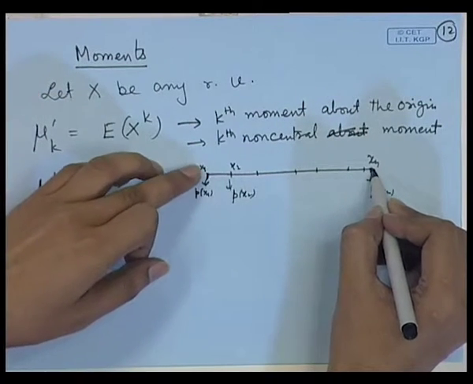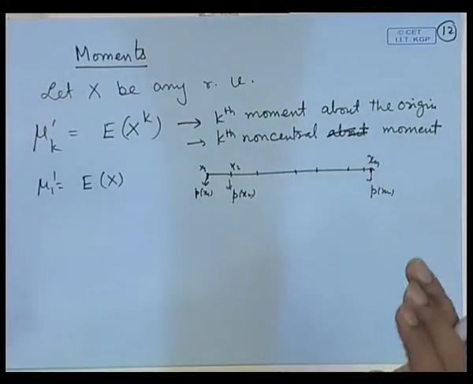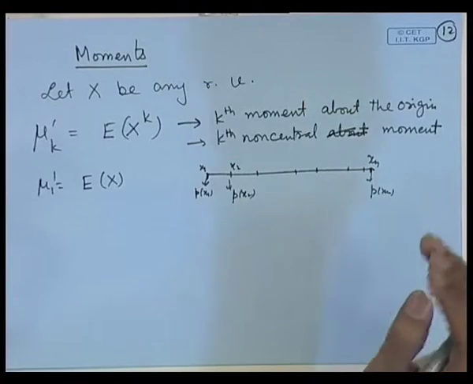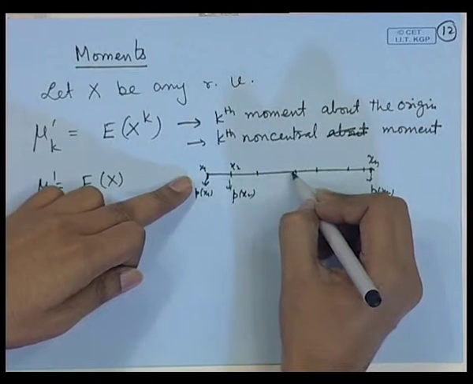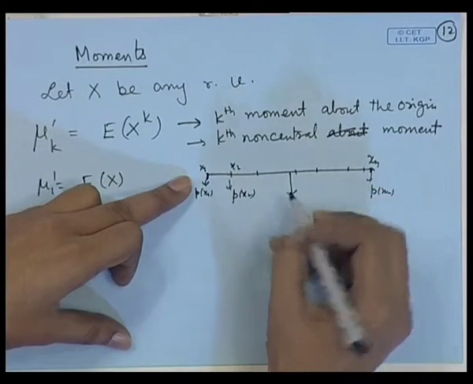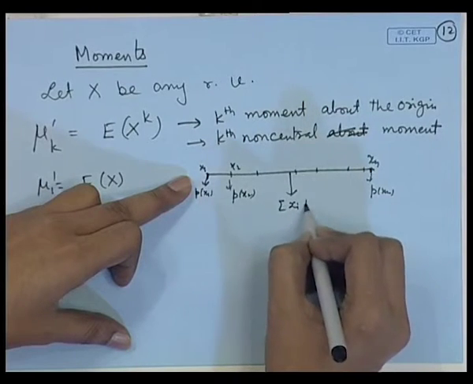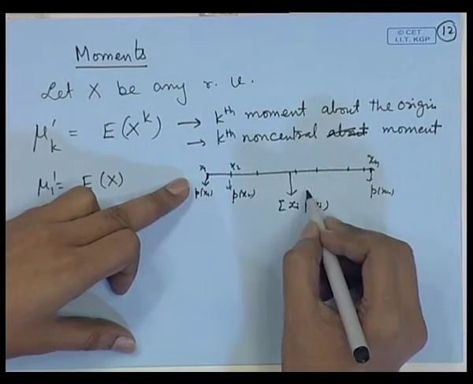Suppose it is supported on hinges with zero friction, and we consider the balance point, the point of equilibrium or the center of gravity. That will be sigma x i p x i, that is the first moment of this.